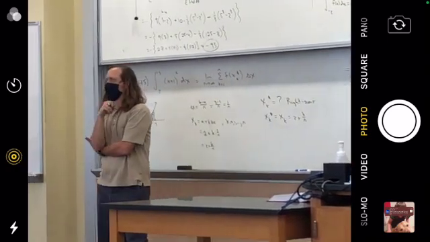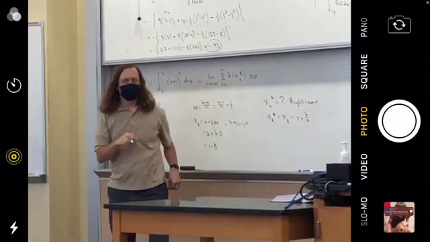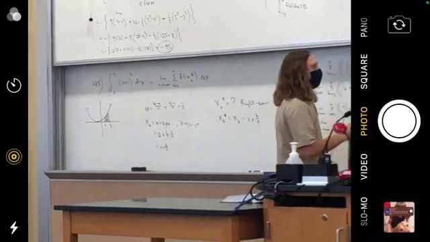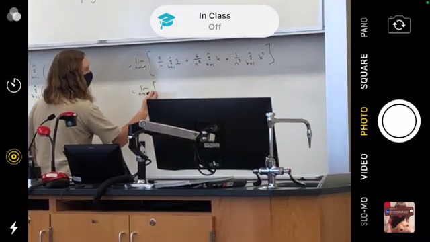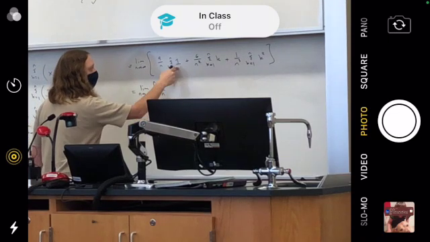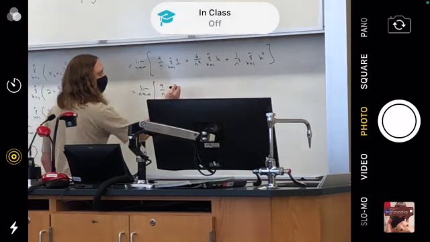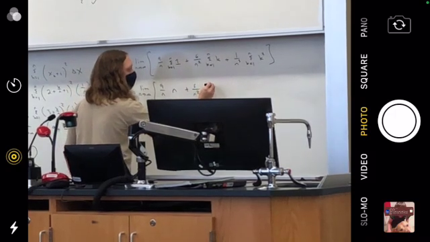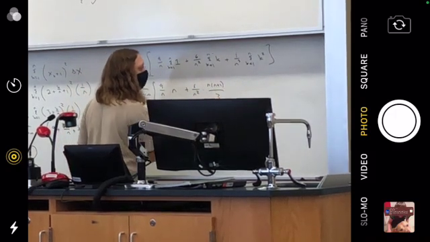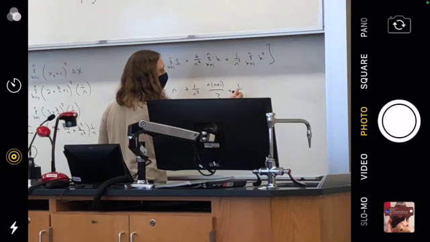Is that believable? And then what's the last step? Well, definitely not the last step. Rewrite that in terms of our formulas. Yeah, this sum is n. This sum is n times n plus 1 over 2.